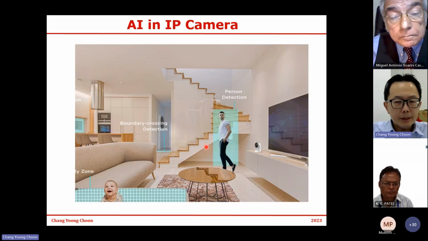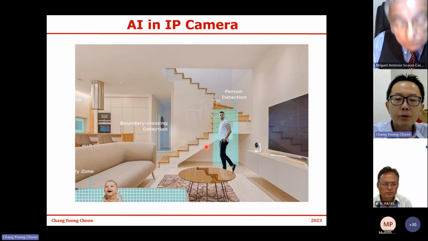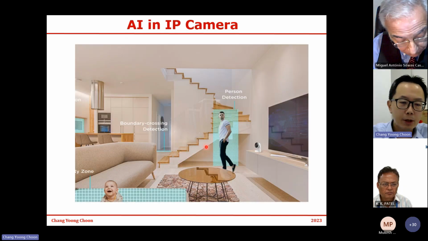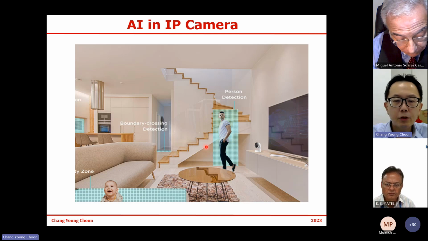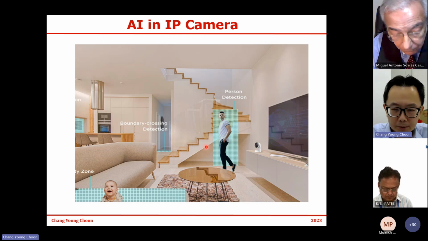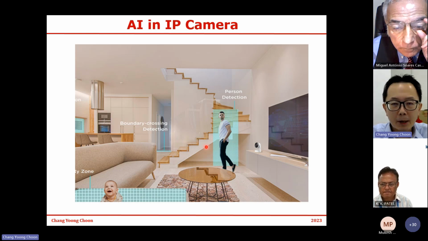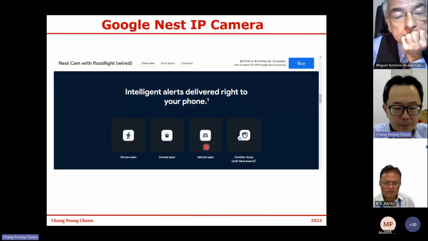If you want the affordable one, you may have to go to the Xiaomi brand from China. The brands from Europe and the US probably have person detection, but quite likely they will be much more expensive than the China one.